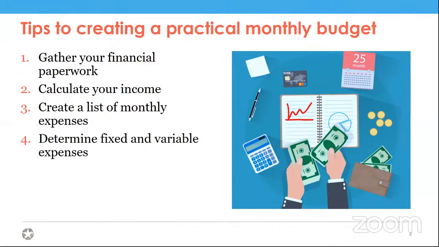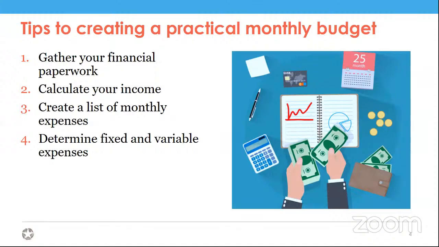This includes items like mortgage or rent payments, car payments, and any set fee that you have on a monthly basis, like internet service or your cell phone payment. If you have a standard credit card payment that you want to do every month, that would be a fixed expense too, and that amount stays the same month to month.